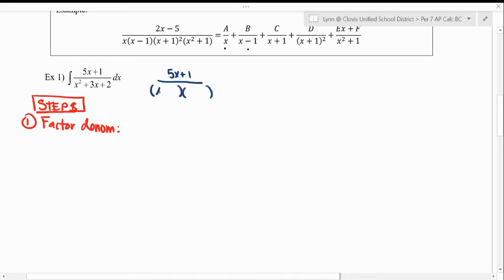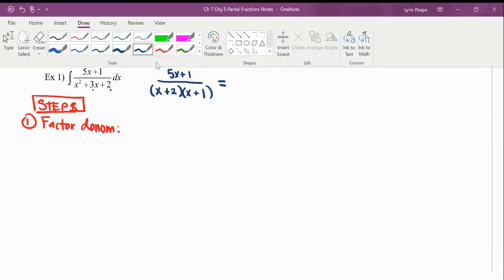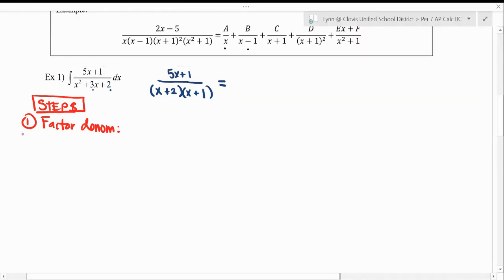So for x squared, that would be x times x, and then factors of 2, that will also give me that 3x, are going to be 2 times 1. So there's step 1. And then we are going to set up the fractions that are pulled apart from each other.